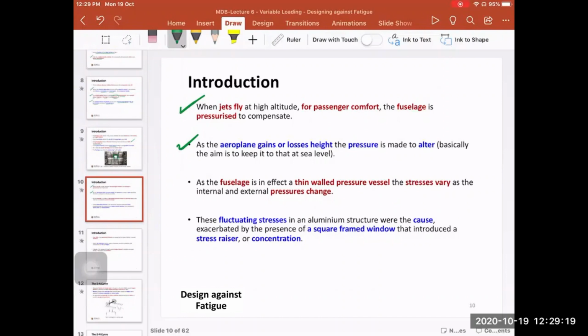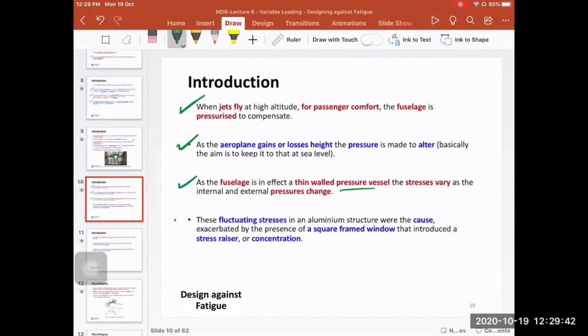And this is where the fluctuating stresses come from. The fuselage itself can be considered as a thin-walled pressure vessel, where the stresses vary with the height and the pressure that they maintain or alter inside the fuselage to keep it at around sea level.